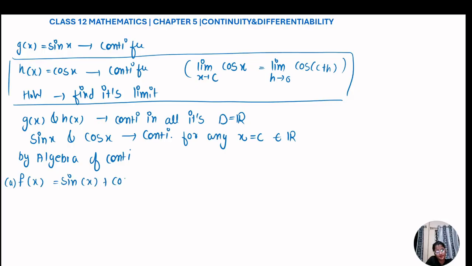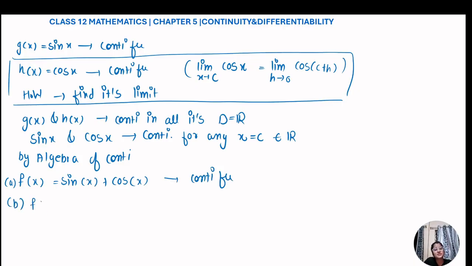It will be continuous just by using algebra, that when h is continuous and g is continuous at a point, then h plus g is also continuous. So this will be a continuous function. Why continuous function? Because sine and cos are continuous at each and every point. So f of x will be continuous at each and every point.